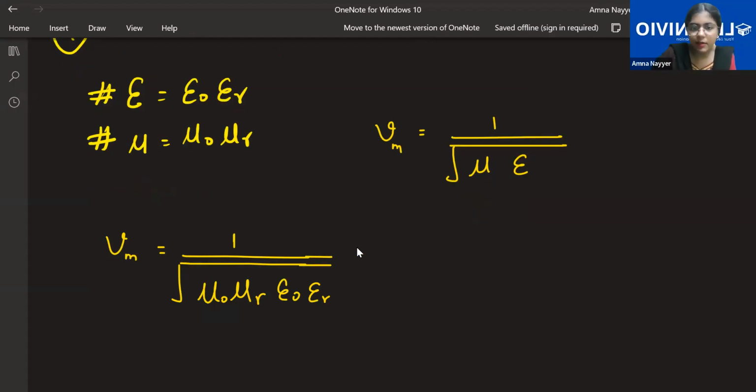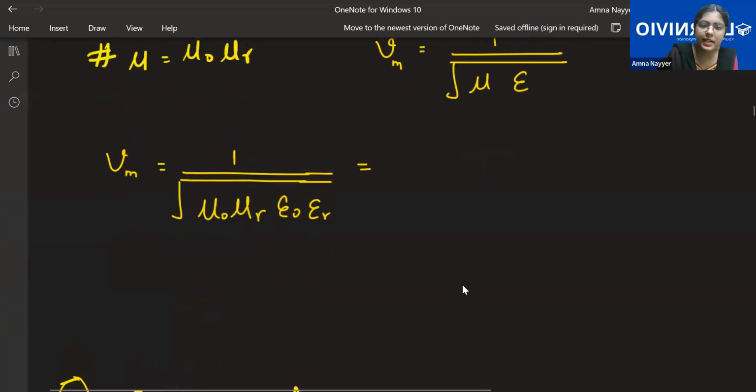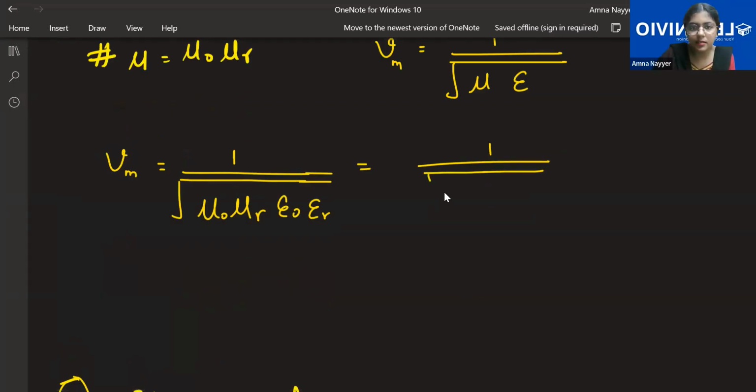Now if I just separate the terms, it is 1 by under root of mu naught epsilon naught into 1 by under root of mu r epsilon r.